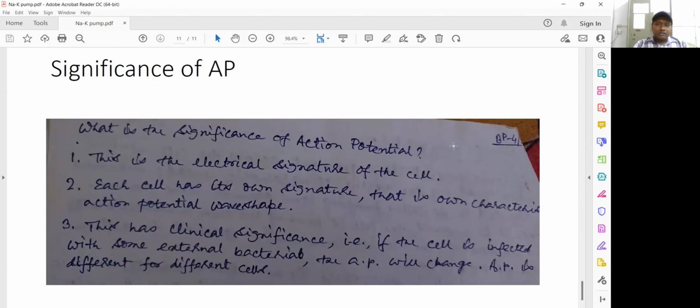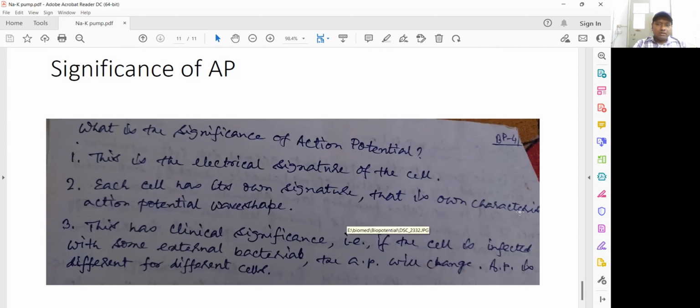Whatever the cell is, it will show while we apply the action potential. The second point is that each cell has its own signature. As I have mentioned, if it is a nerve cell then it is a spike, and if it is a muscle cell there will be a flat top. That is the own characteristic action potential wave shape.